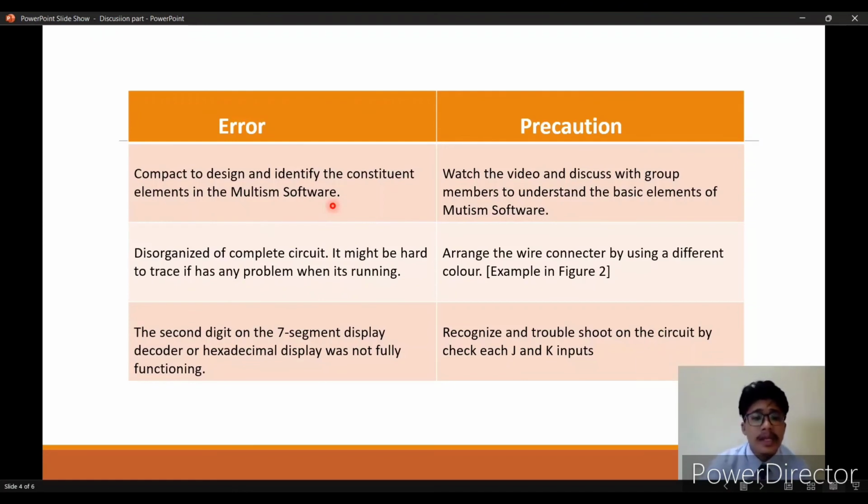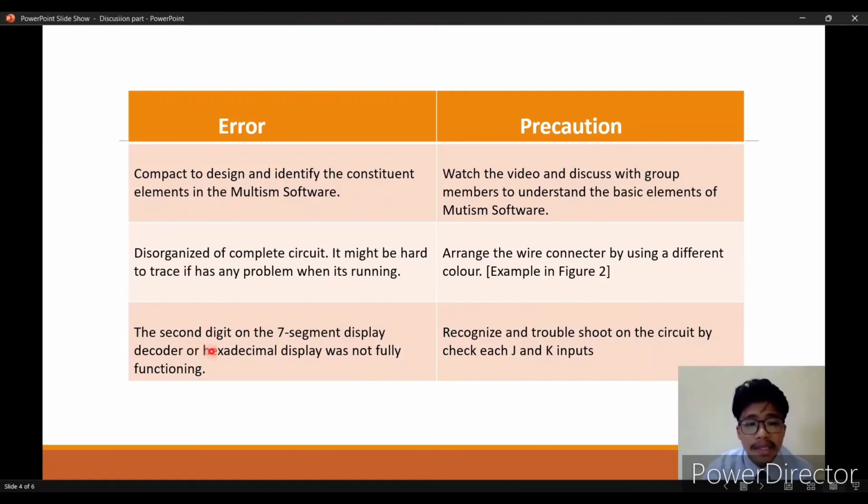The next problem is the disorganization of the complete circuit. It might be hard to trace if there is any problem when it's running. So we arranged the wire connectors using different colors to make it more organized. I will give an example in the next slide.